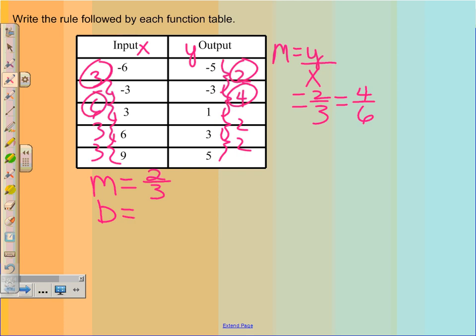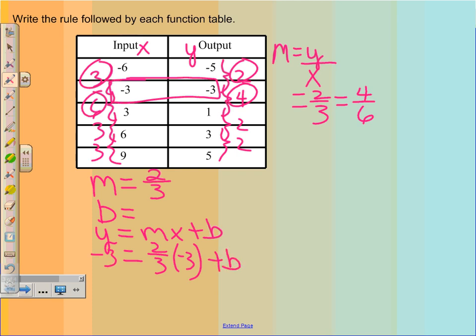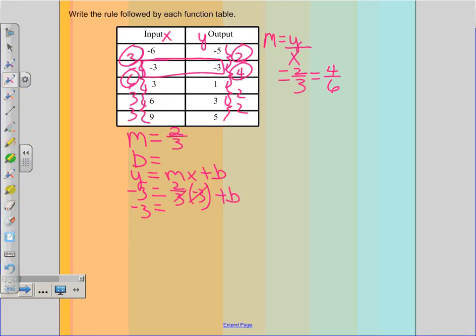So from there, I don't know my b. That's what we're going to try to find. So remember the equation y is equal to mx plus b. I'm going to substitute in 2/3 for m, and then I need to choose an ordered pair. I'm going to choose -3, -3. And so both y and x are -3, plus b. -3 is equal to, 3 goes into -3 -1 times, so that gives me a -2 plus b.